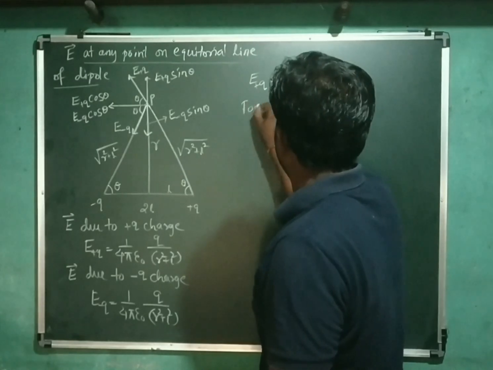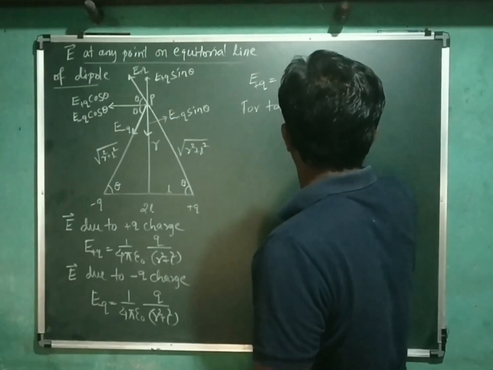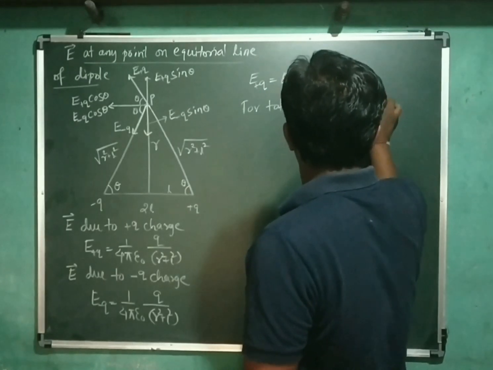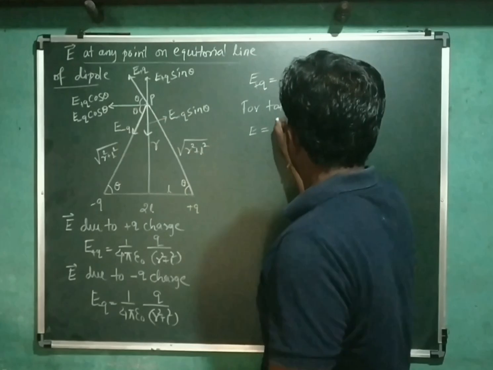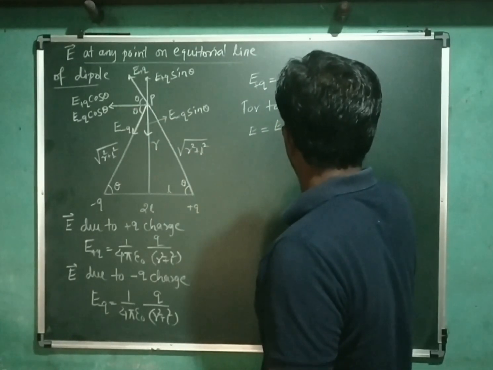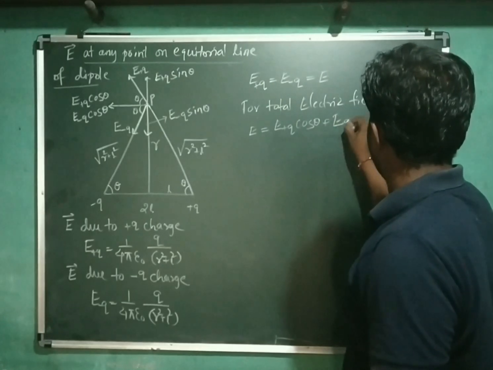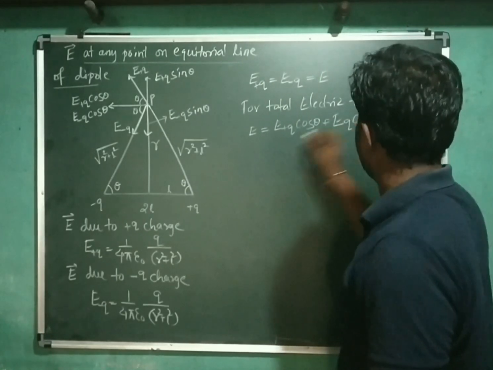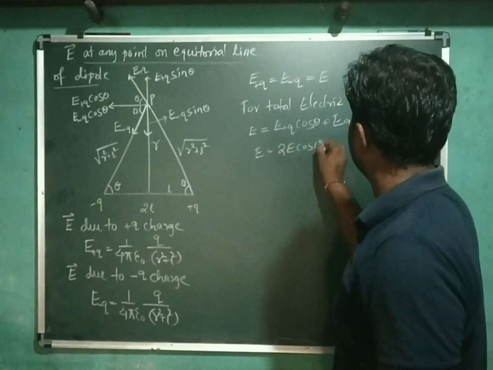For total electric field, E is equal to E due to plus Q cos theta plus E due to minus Q cos theta, or I can write it as 2E cos theta.